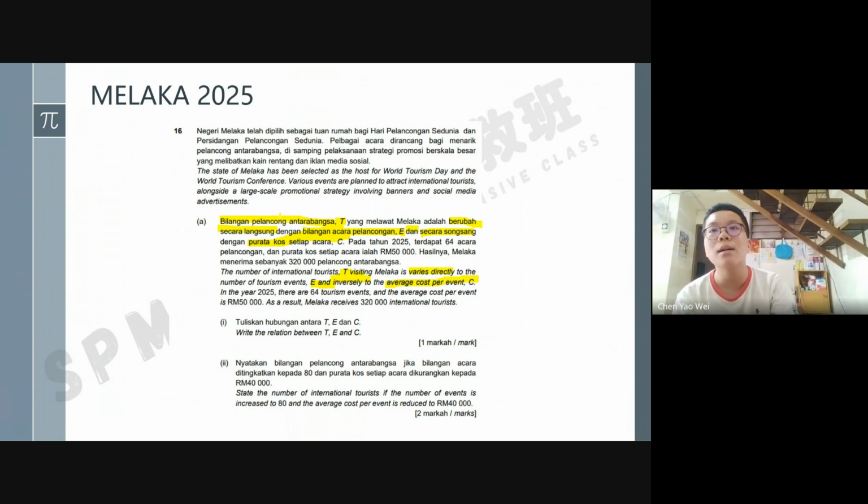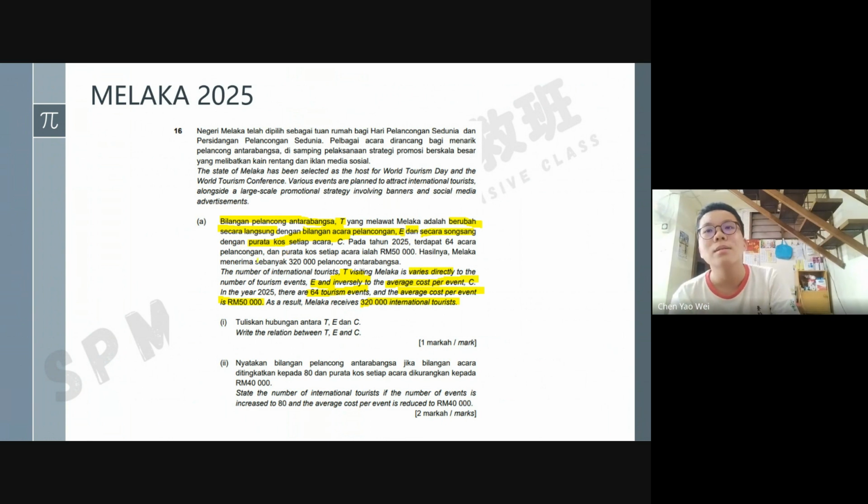So, there are 64 tourism events and the average cost per event is 15,000, and Malacca received this big amount. So T is C. Sometimes the values are not given according to the question order. Sometimes it can be E first, sometimes C first. This is E first, and then later C, and T at the last.